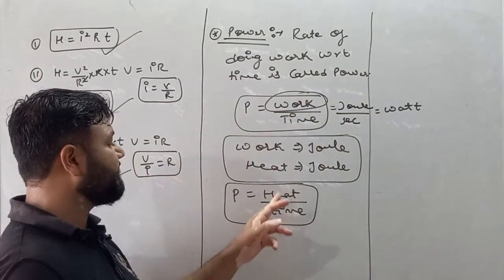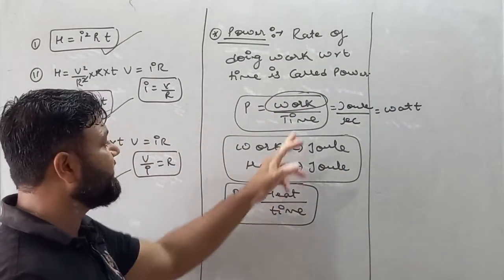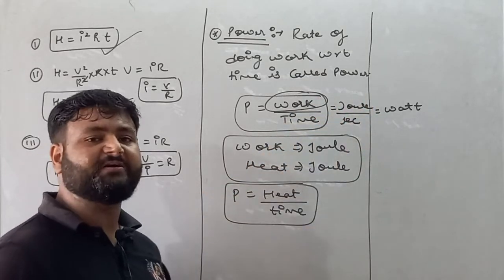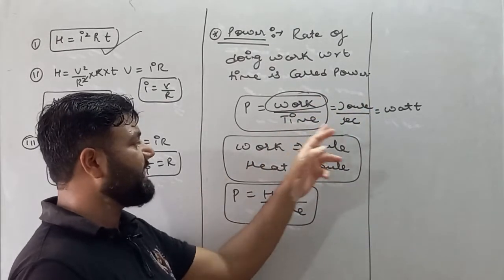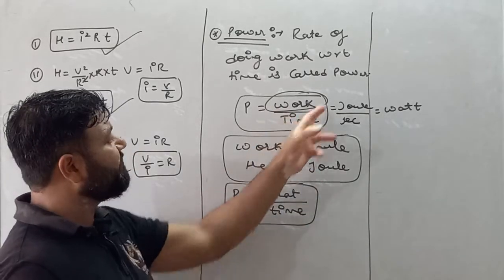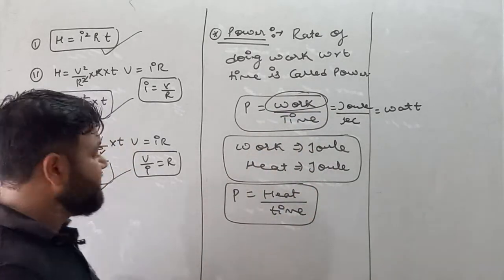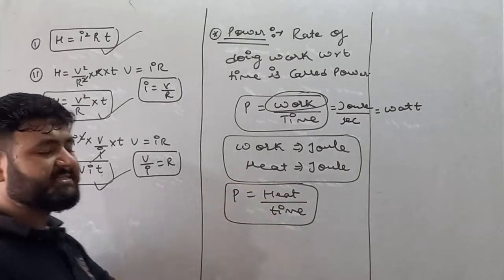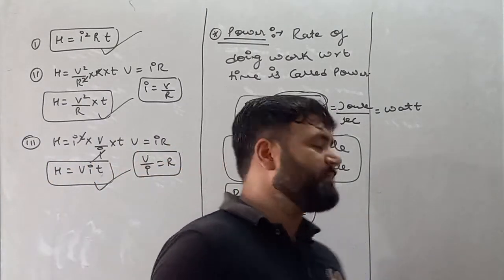So instead of work we can write heat as well. So power is also the heat dissipated per unit time.